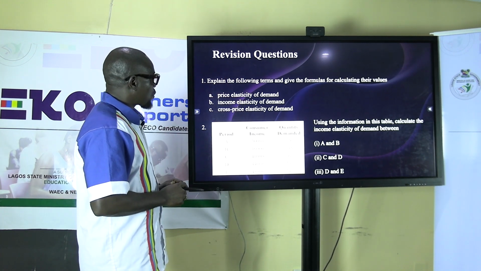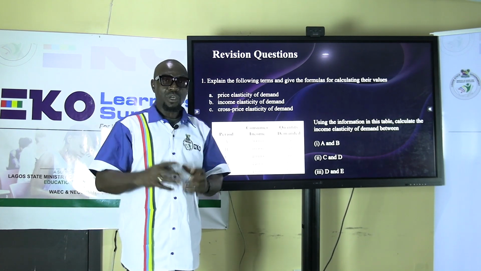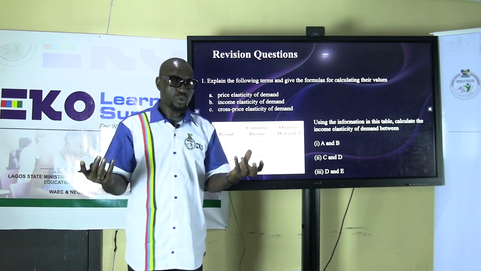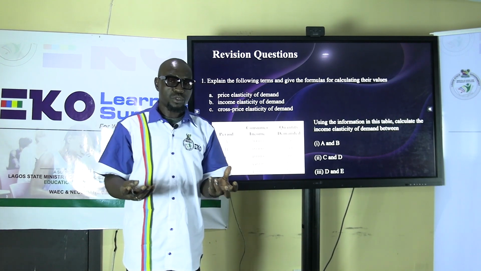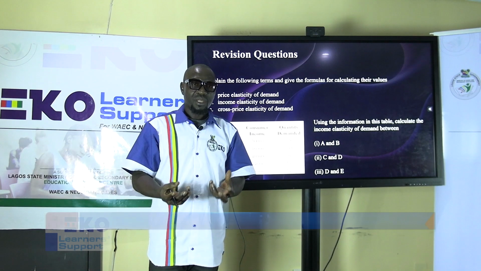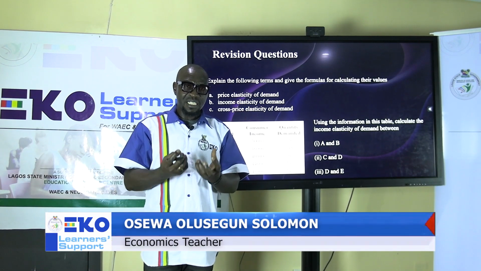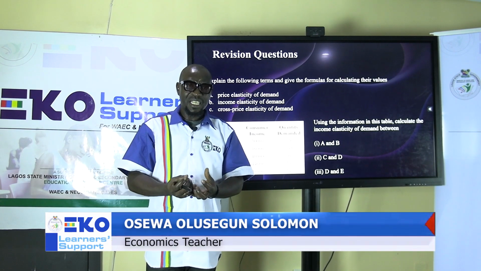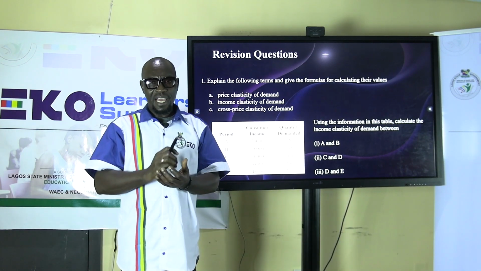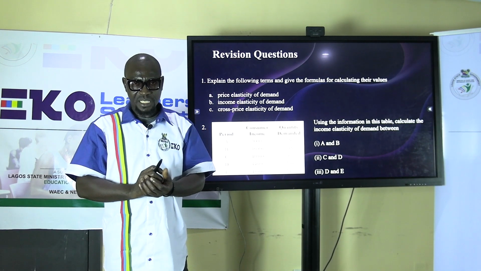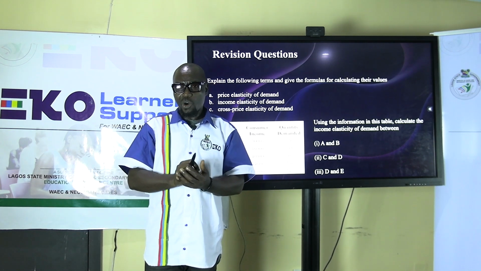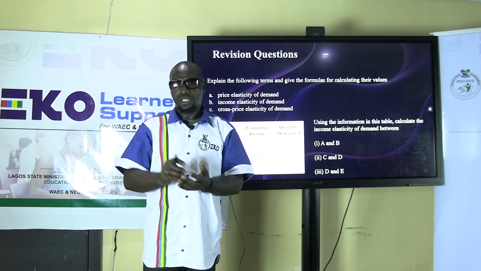For cross-price elasticity of demand, you are looking at two different products, which could either be substitutes or complements. Now, the cross-price elasticity of demand is the degree of responsiveness in the quantity demanded of a product A, say bread, when the price of another commodity B, say butter, changes.